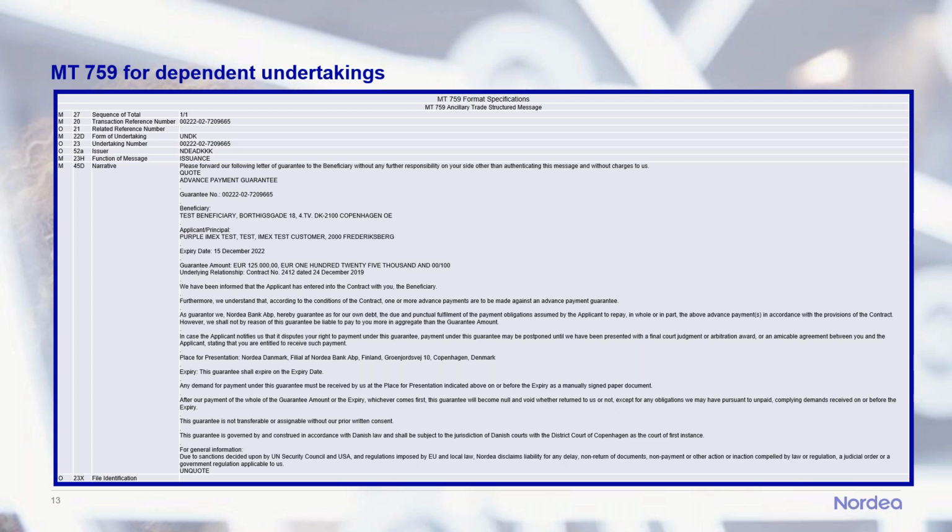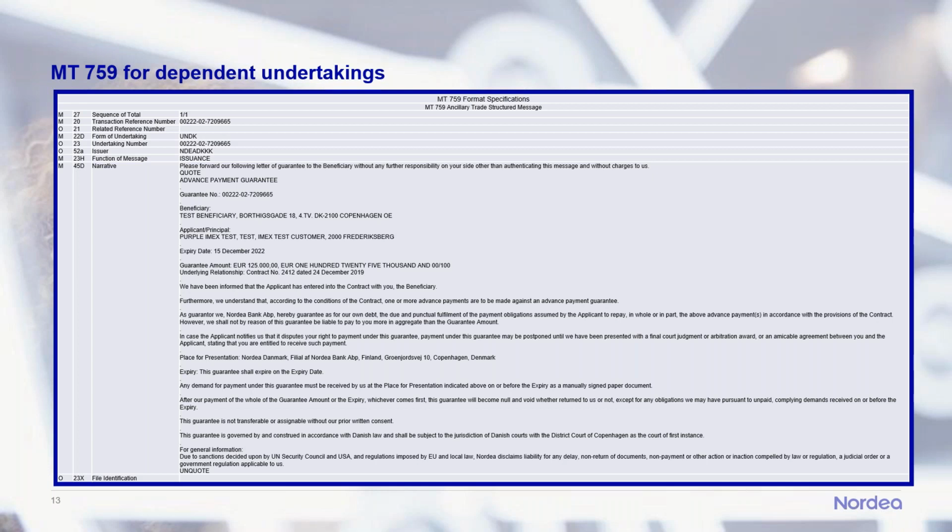It looks the same as you have today in the MT759. You have a few new fields like the issuer and the function of the message, which is of course an old field, but now it will be used for issuance of accessory undertakings. And the narrative field is a big blob of text.